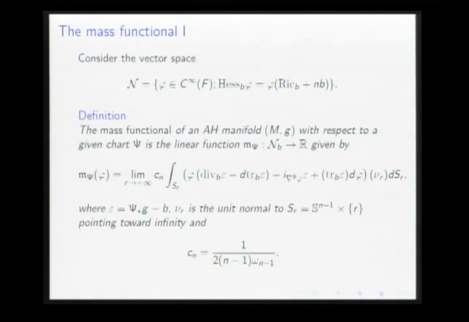And so the mass is going to be a functional, or a vector, if you will. The mass applied to this function is this expression here, a limit like the one we had in the Euclidean setting. But now you have a functional, not only a number.